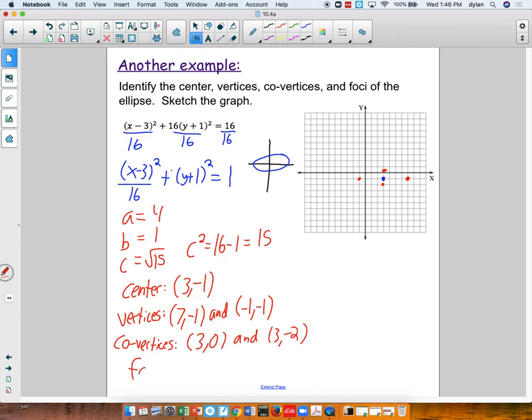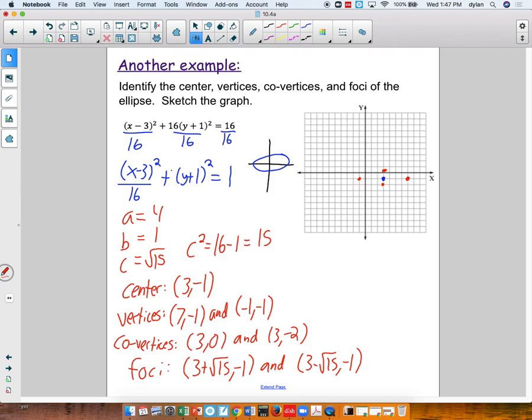And then finally, our foci are going to be along the major axis, so the horizontal axis for this problem. They're going to go left and right by the square root of 15. So we would have (3 plus the square root of 15, -1) and (3 minus the square root of 15, -1). You just need to think about the fact that the square root of 15 is a little bit less than 4, because it's a little bit less than the square root of 16.